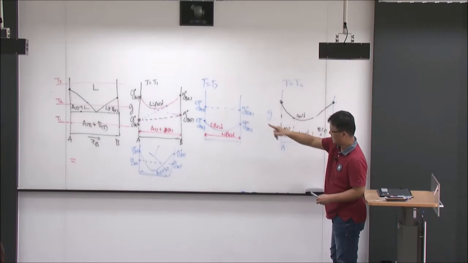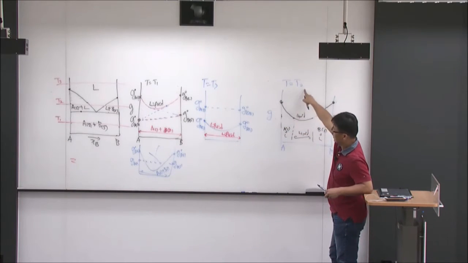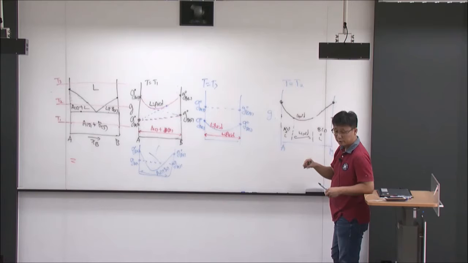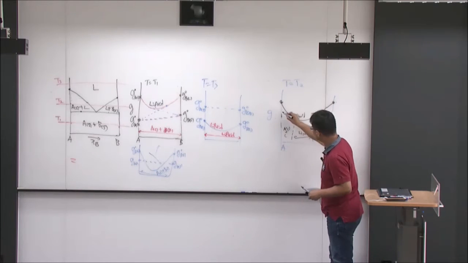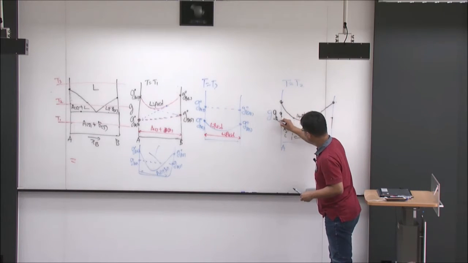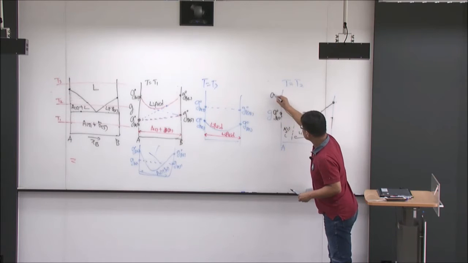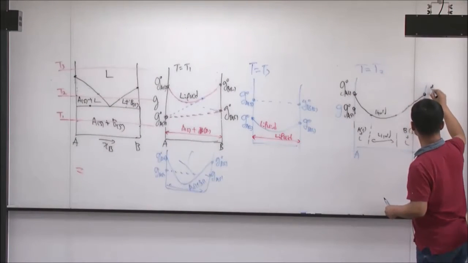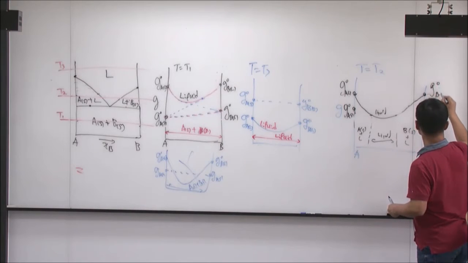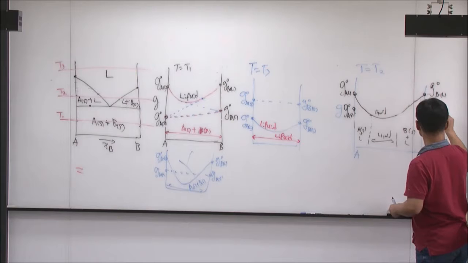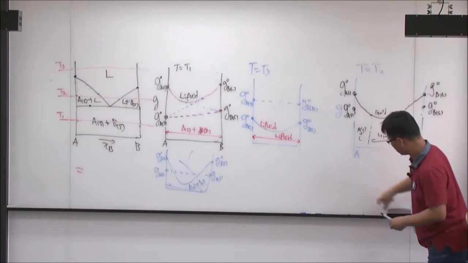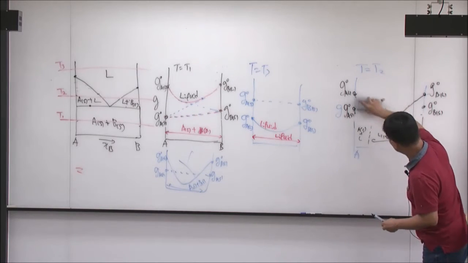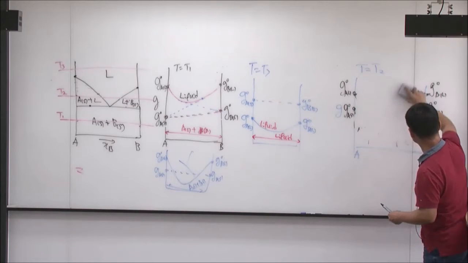So for both A and B at T2, A is in the solid state, B is in the solid state too, yeah? When you draw this kind of diagram, you have to know exactly what you are doing beforehand, then it's very easy to draw.